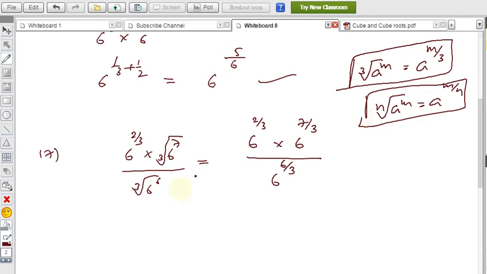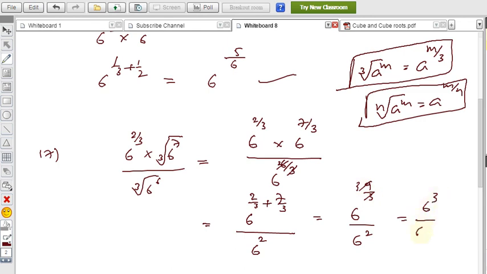6 to the power, okay, bases are same, add the powers. 2 by 3 plus 7 by 3, numerators, 9 by 3, and 6 to the power 6 by 3. 6 by 3 is 2, because 3 ones are 3, 3 twos are 6. So 6 power 3 by 6 power 2.